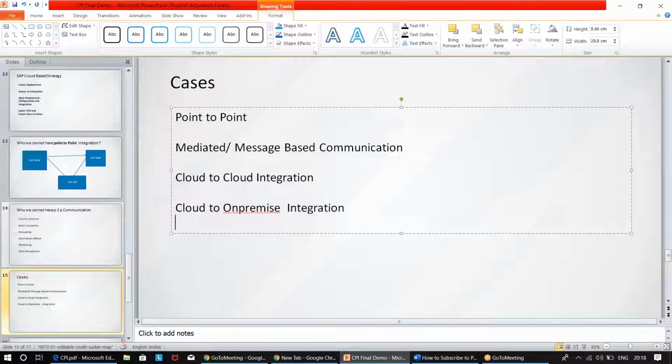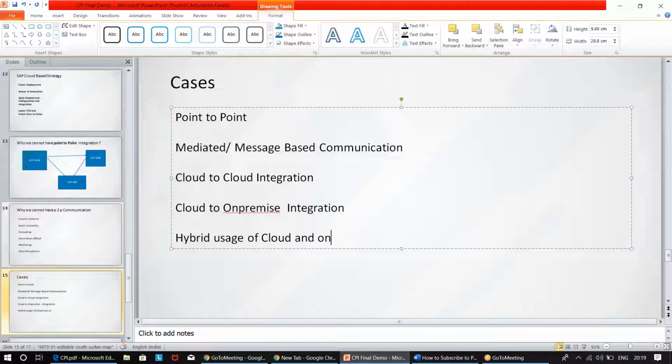The fourth one is very important, which we will definitely see when most SAP customers move into a hybrid kind of landscape, which is a hybrid usage of cloud and on-premise solutions.